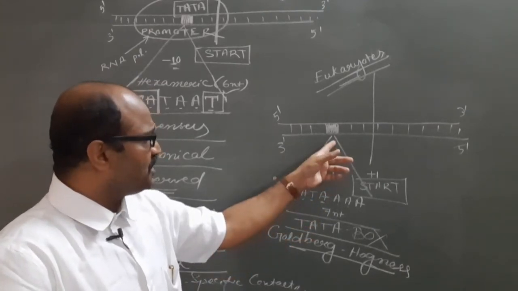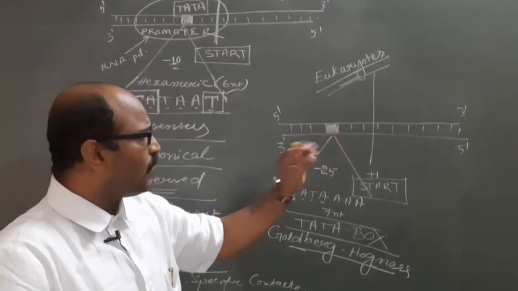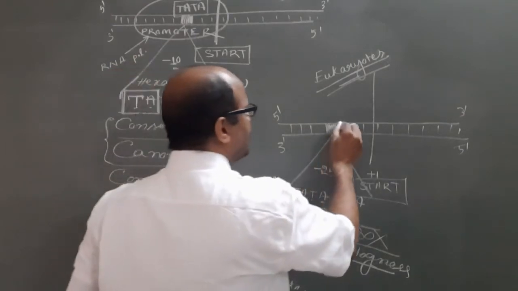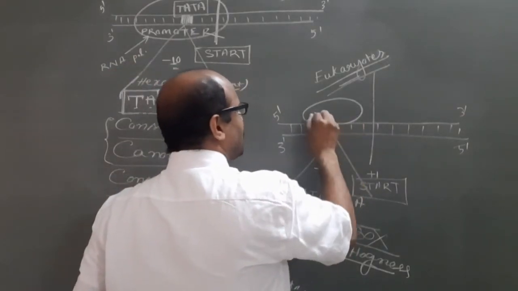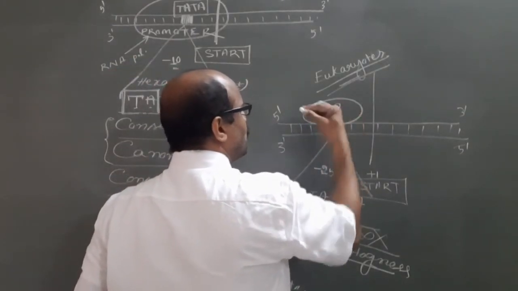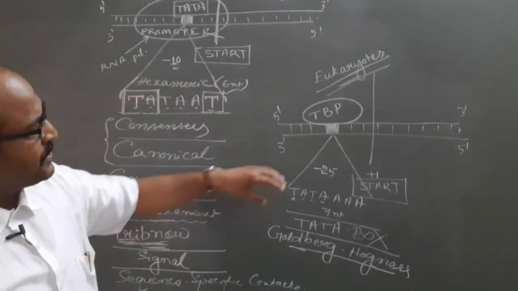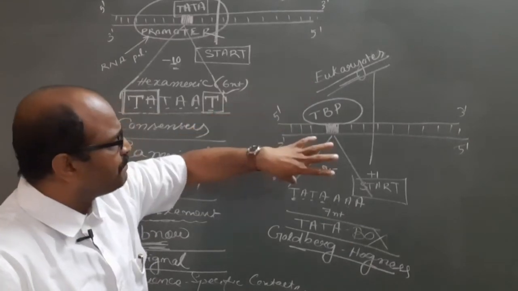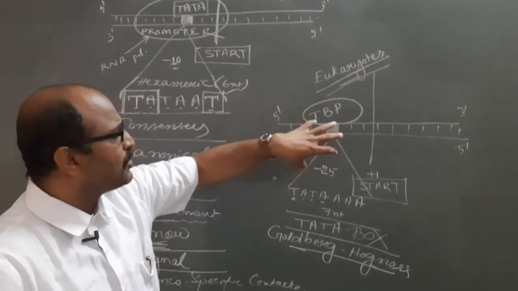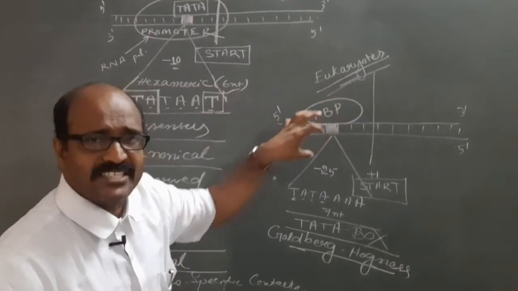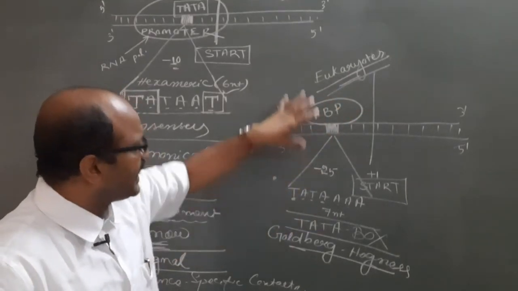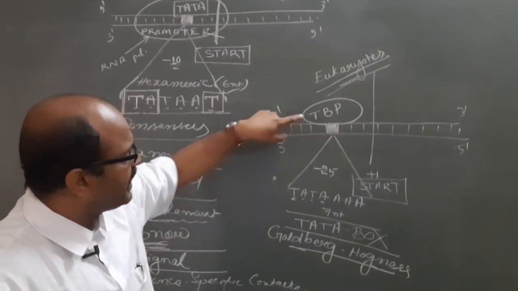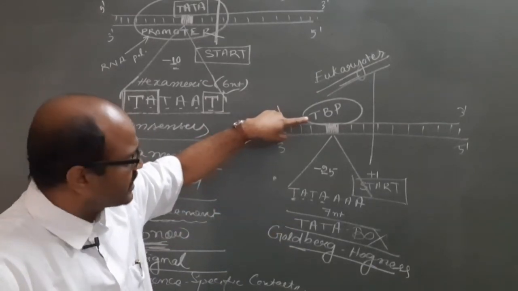This TATA box region is recognized by one of the proteins or factors in eukaryotes, known as the TATA binding protein, TBP. After the binding of TBP, it helps in the recruitment of other transcription factors.